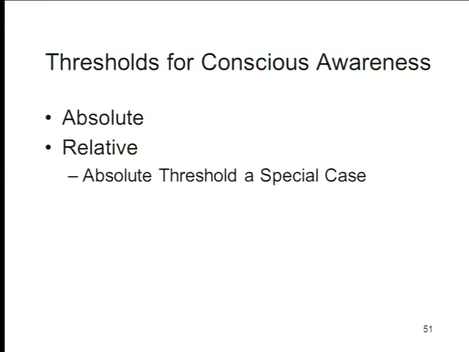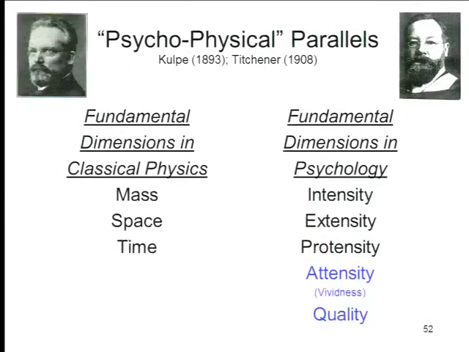Okay, so these psychophysicists were quite clear about all of this. Kulpe and Titchener, who were early major figures in 19th century psychology, actually tried to establish correlations between the basic dimensions of experience and the fundamental dimensions of classical physics.